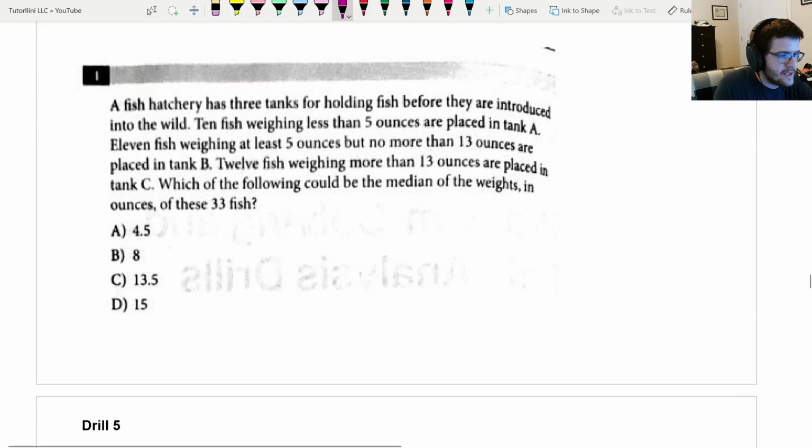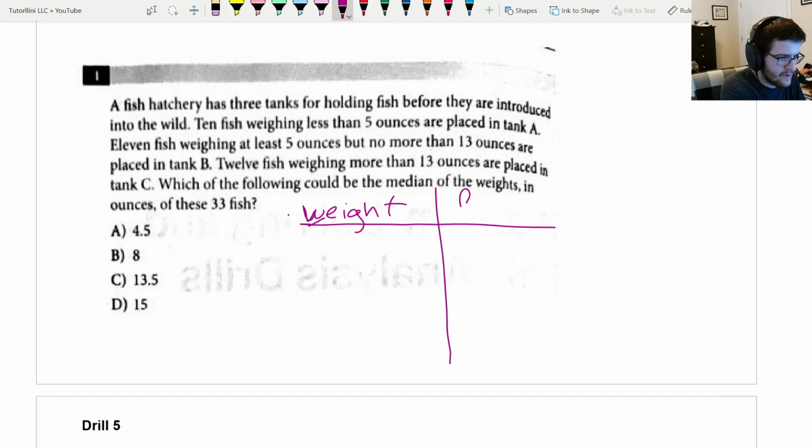Okay, 10 fish weighing less than 5 ounces are placed in tank A. Okay, I'm just going to make a frequency table to make this information easier to understand. So we'll do the value, the weight first. Then we can do the frequency.